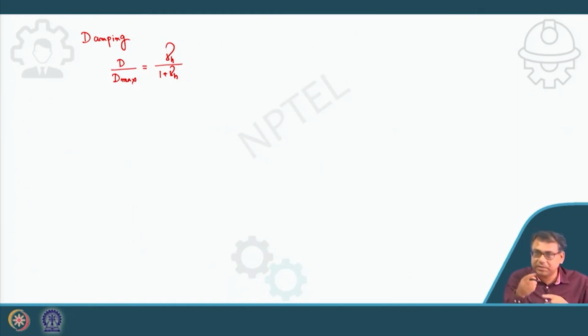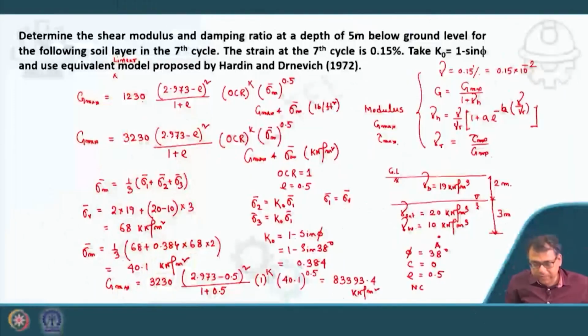Damping, I know that damping is D by D max, that is equal to strain H over 1 plus strain H, but here this strain H will be different because the parameters A1 and B1 are different. So here D max I can calculate from this table. Again I go to the D max table.